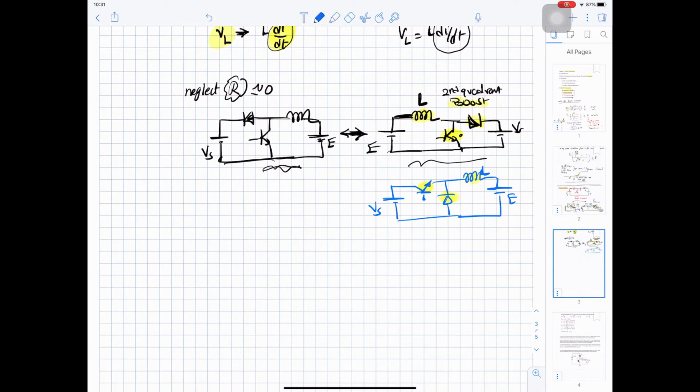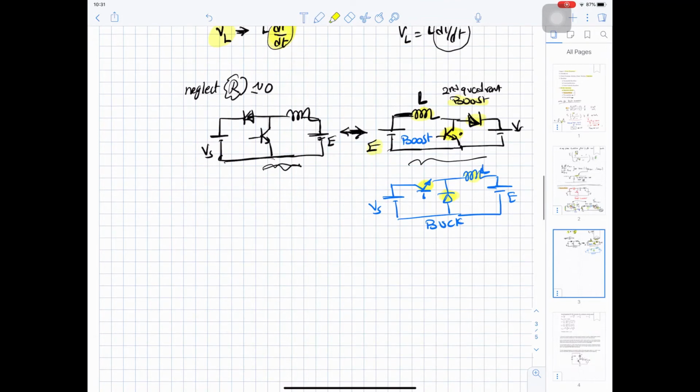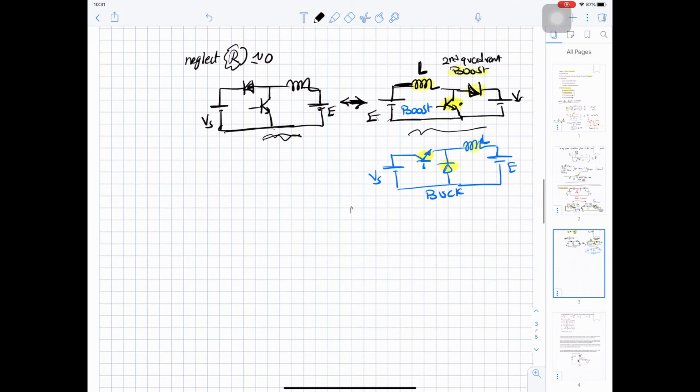Okay, so this one is a buck and this one is a boost. And in the boost, don't forget that we are boosting E. This is related to what we started with. Note, if you have a battery and you need to boost this battery, you will add an inductance, switch, and diode.